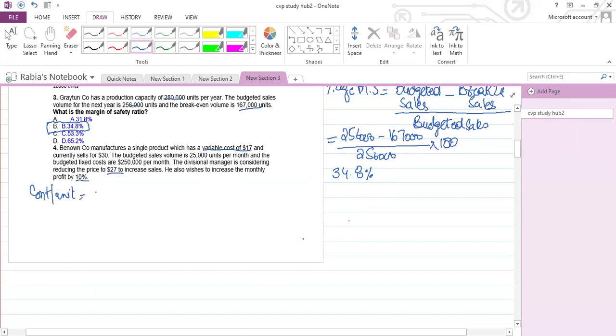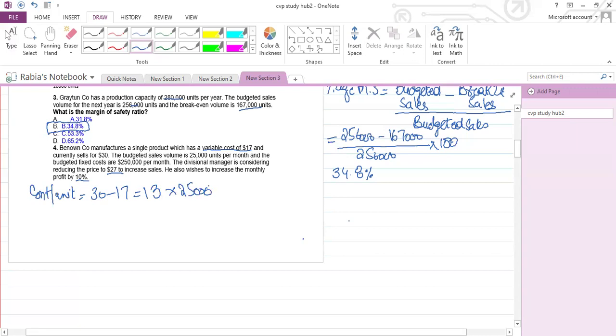Contribution per unit is 30 minus 17. Into units, that is 25,000.